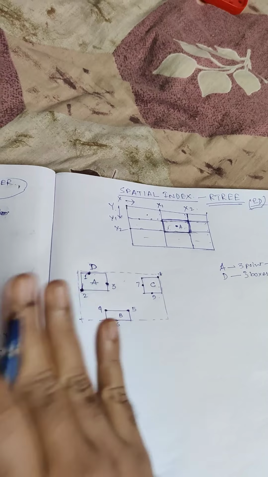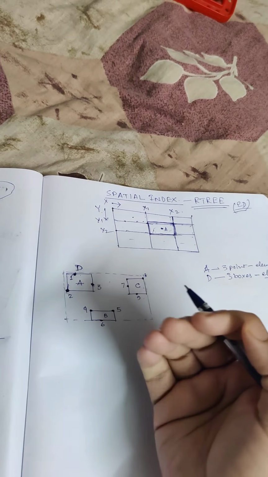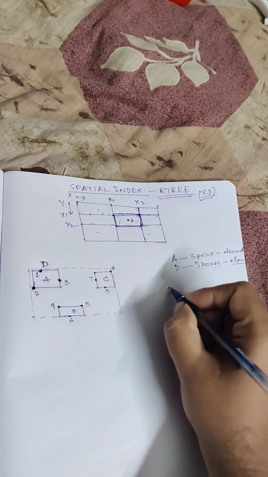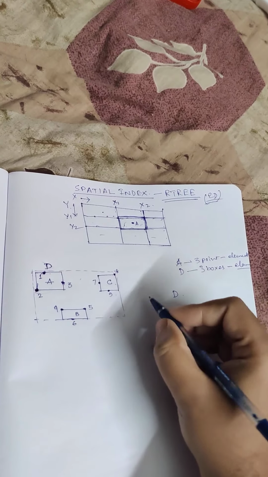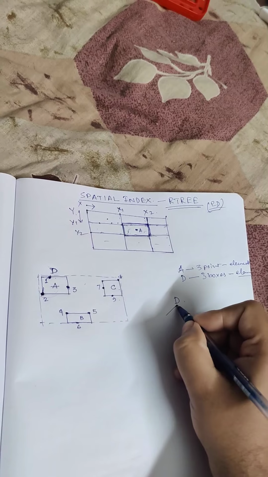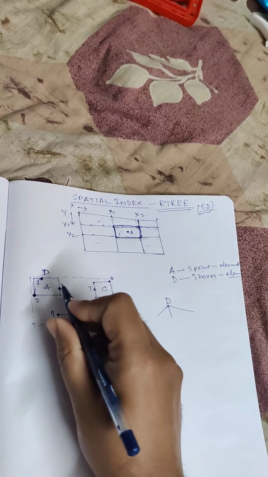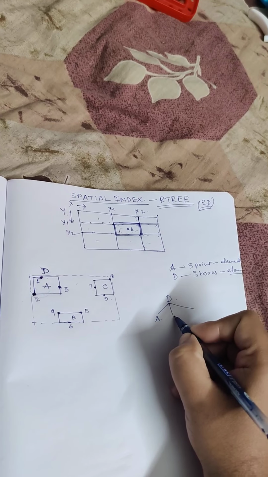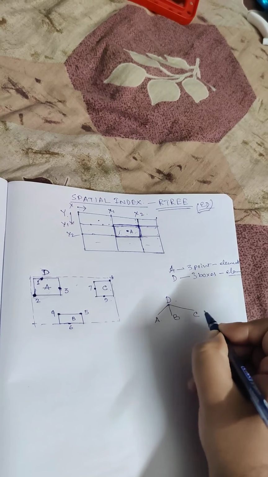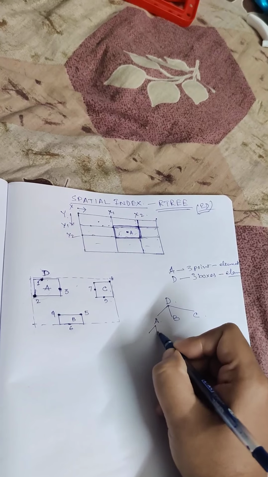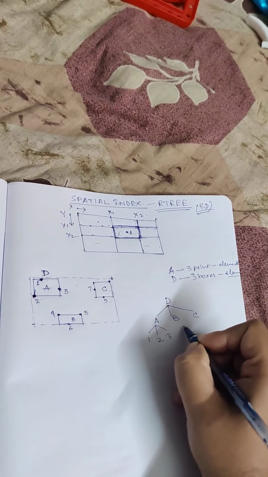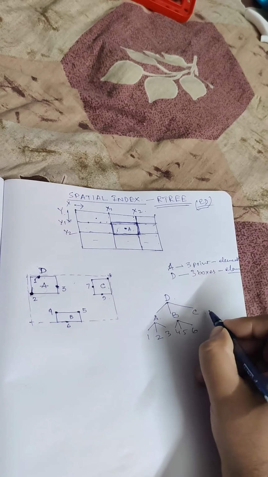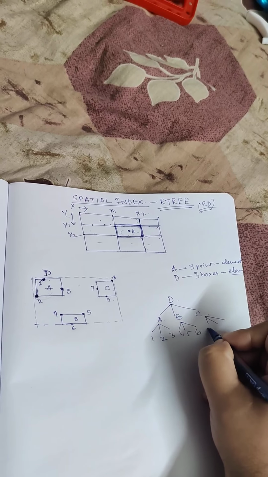So if you want to draw a tree with the help of this, can we say that D is the root node of a tree, and D has three nodes altogether: A, B, and C. And A has children 1, 2, 3, B has 4, 5, 6, and C has children 7, 8, 9.